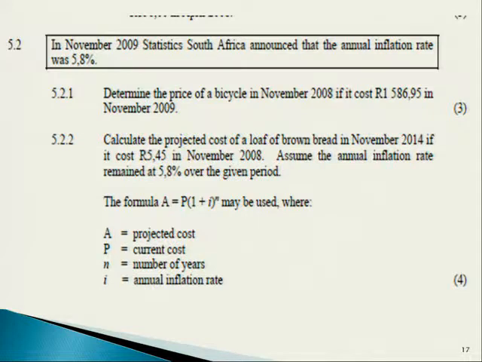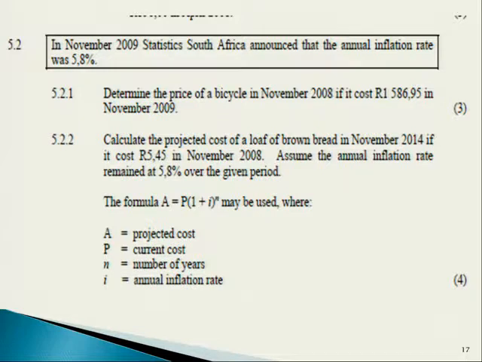In November 2009, Statistics South Africa announced that the annual inflation rate was 5.8%. Now the first question says, determine the price of the bicycle in November 2008 if it cost 1,586 Rand 95 in November 2009.